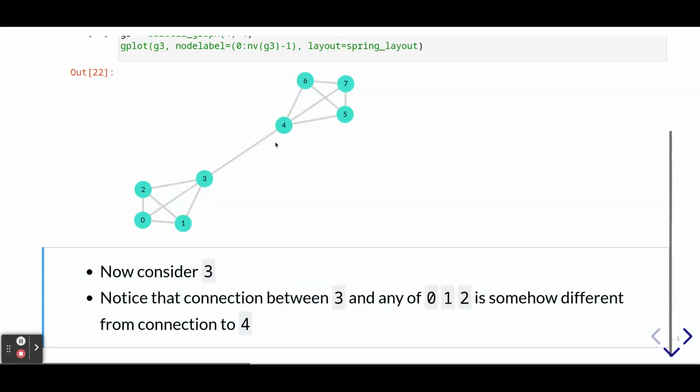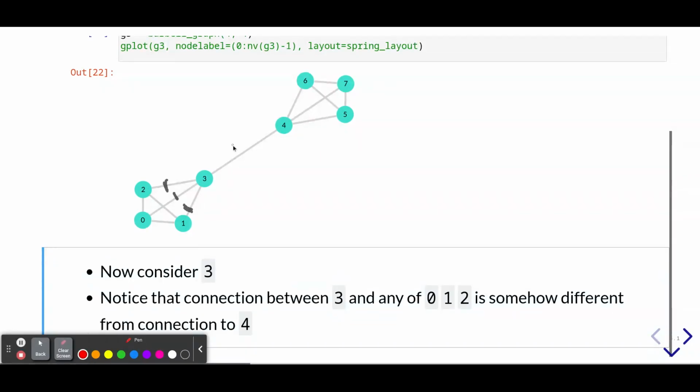But not all of these edges are the same. In particular, we can think about the edges between 2 and 3, 0 and 3, and 1 and 3 as being fairly similar. They're all part of these closed triangles being 3 and then all of 0, 1, and 2.